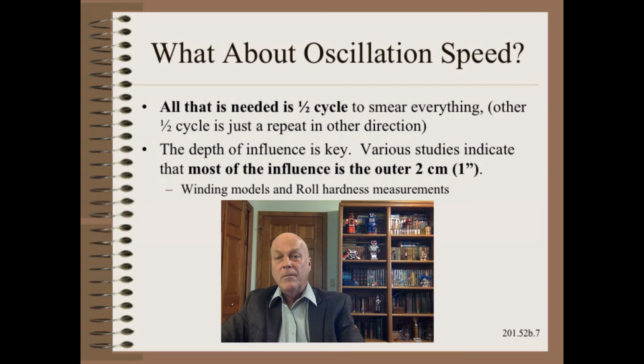Here I rely on many published studies that show for the most ordinary sized rollers that are anisotropic, the outer 2 centimeters is where most of the radial and tangential stress gradient occurs. Here I rely on some unpublished studies at Beloit that for typical paper grades anyway, most of the influence on roll hardness comes from the outer inch.